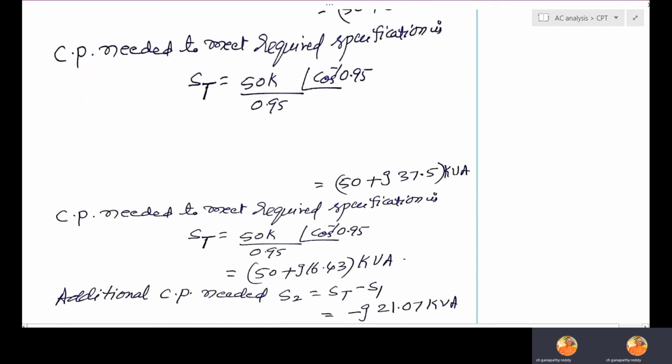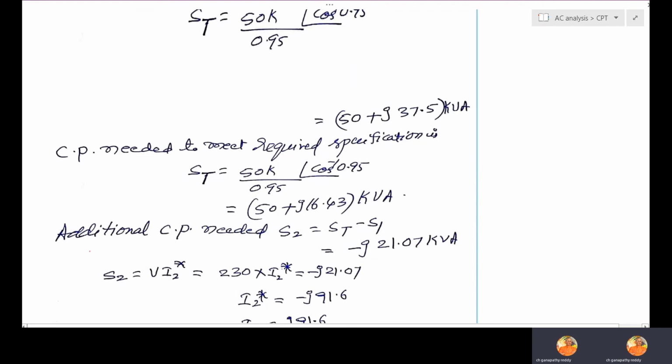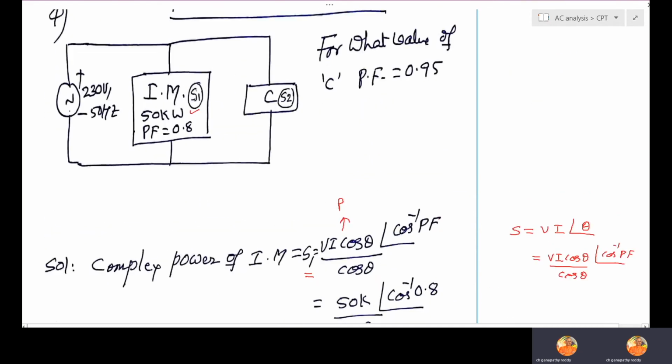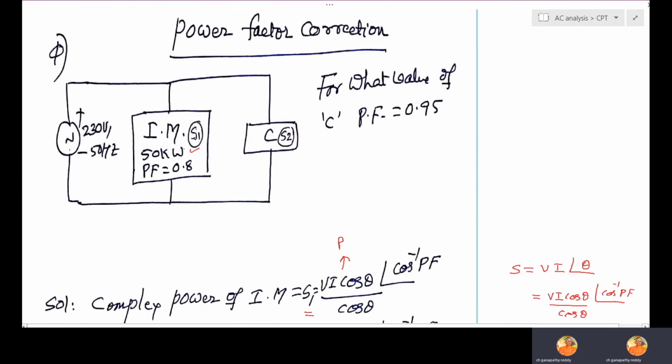So what is the complex power needed to meet the required specification? Additional complex power needed is nothing but S2 equals ST minus S1. Just look at this. This is S1. This is S2. What is the total?